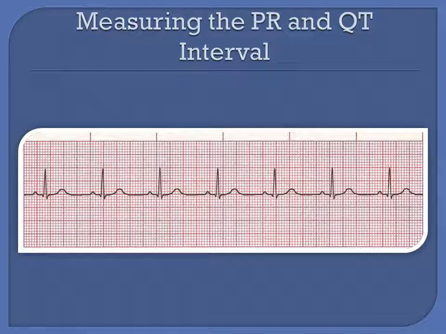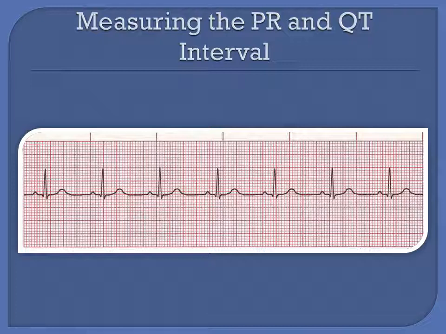The normal PR interval is 0.12 to 0.20 seconds, or 3 to 5 small boxes on the ECG graph paper. In this rhythm strip, the PR interval measures 4 boxes, or 0.16 seconds.